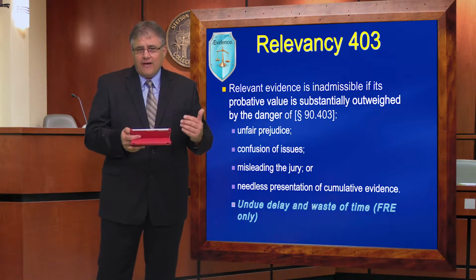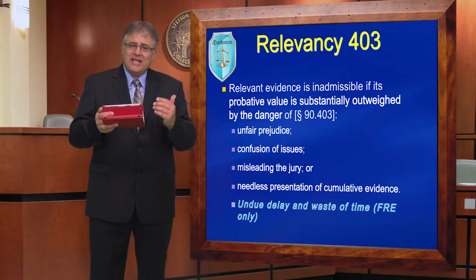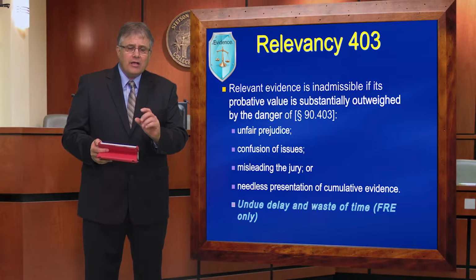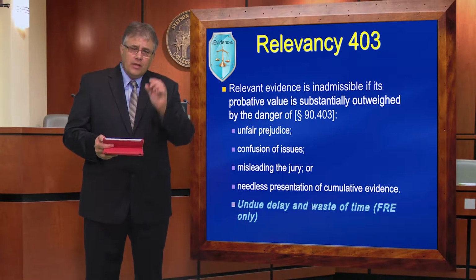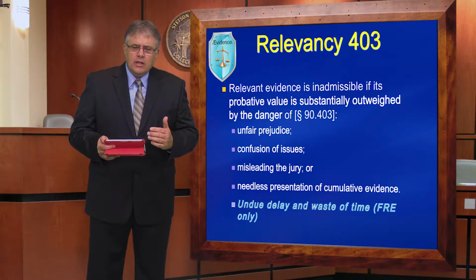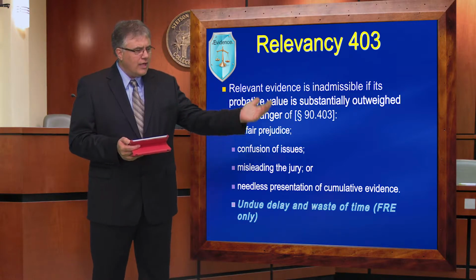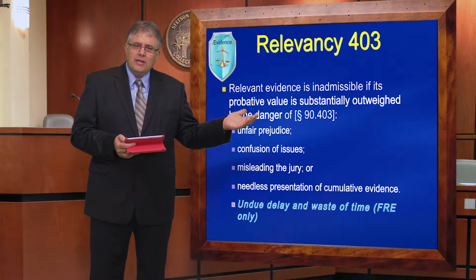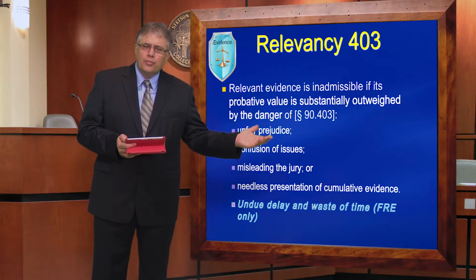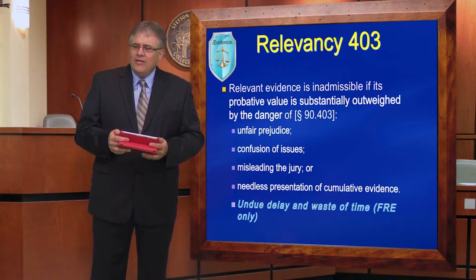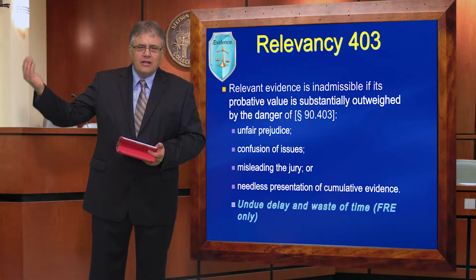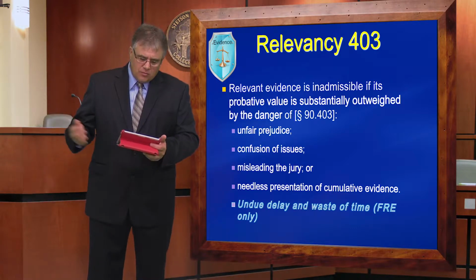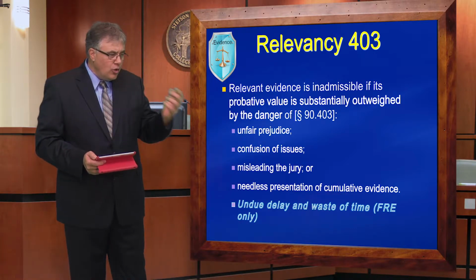If its probative value is substantially outweighed by the danger of, not the actuality of, but the danger of. This means that as the court, as the trial judge, I've got to look at the evidence that they want to admit, and I have to say, okay, what does this go to prove in the case? And then I have to weigh it against the possibility that it'll be unfairly prejudicial, that it will confuse things, that it's going to mislead the jury, or just be cumulative.